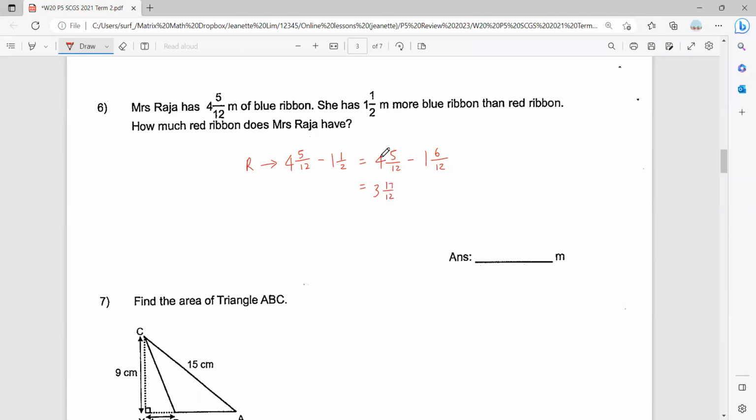Okay, so you actually took 1 whole, convert it to 12 over 12. That's why I added on to this 5 over 12 to get 17 over 12. So that I can now minus whole number minus whole number, fraction minus fraction. So I get 2 and 11 over 12 meters.